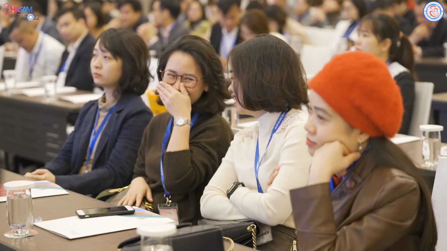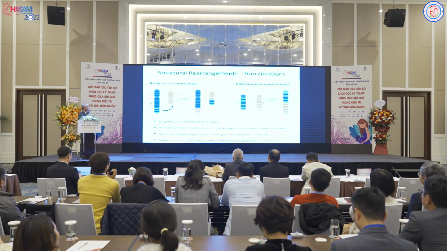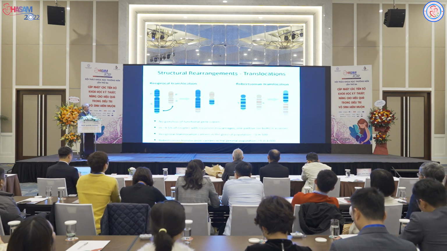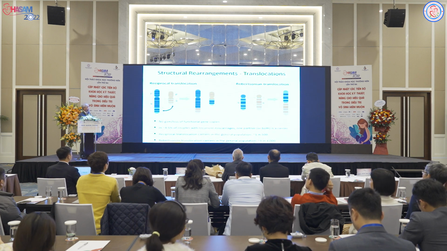The key thing to note is that there is no gain or loss of functional genes most of the time, and that approximately 4.5% of couples who have recurrent miscarriages actually have one partner or both who is a carrier of one of these types of translocations.